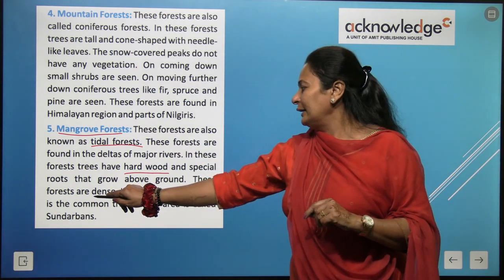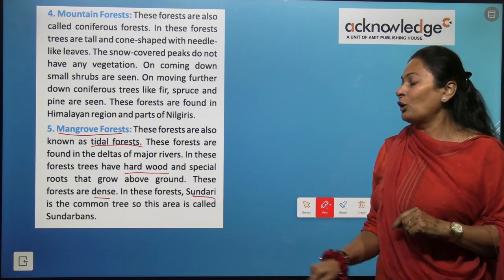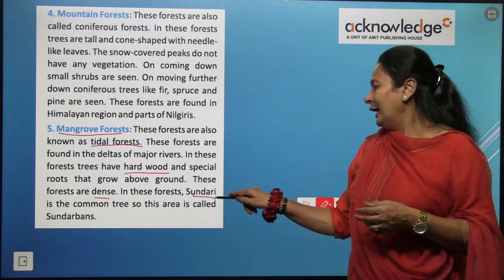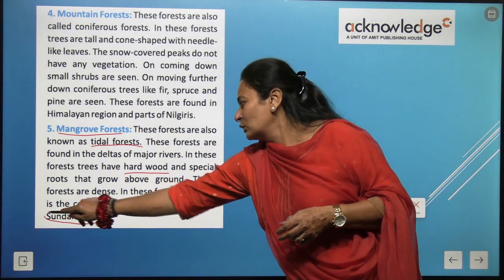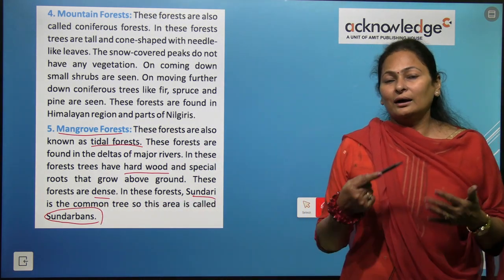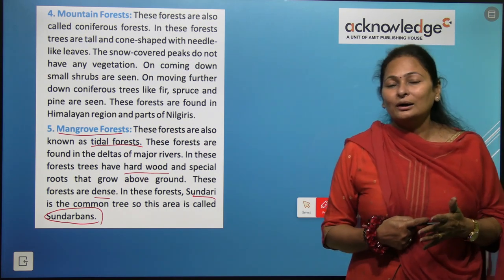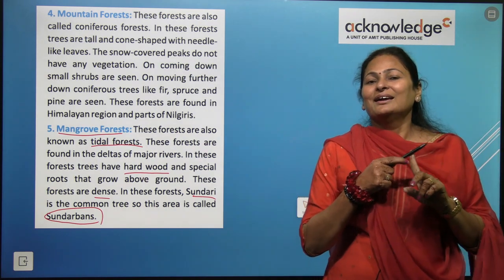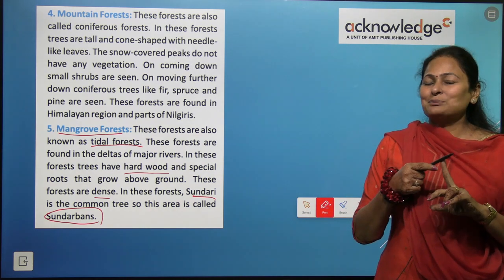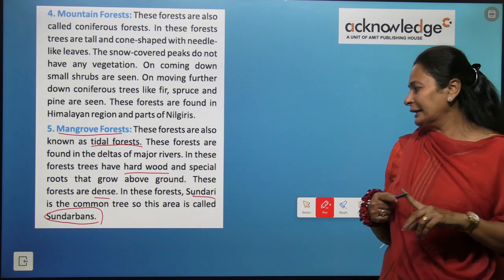These forests are dense again. In these forests, Sundari is a common tree, and that is why it is called Sundarbans. Sundari trees grow here, so this delta is called the Sundarban. The delta that is made by the Ganga and Brahmaputra, right, kids?